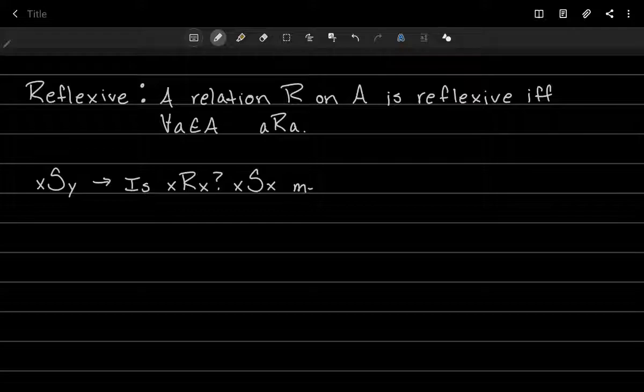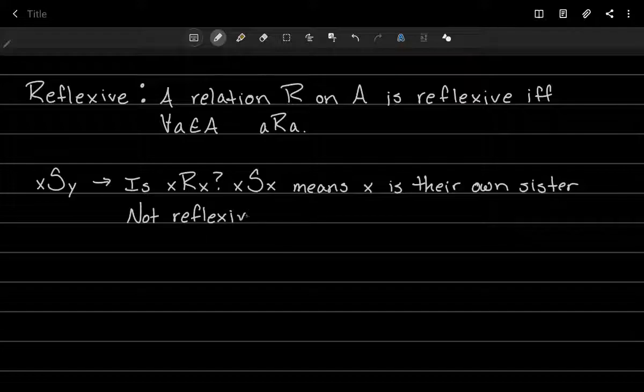That means X is their own sister. Well, that doesn't make sense. You can't be your own sister. It's kind of implied in the word that you're separate people. So that is not true. So we would say S is not reflexive. Same thing goes with the mother example. You're not your own mother. Well, biologically, okay, you could raise yourself, but biologically you're not your own mother, so not reflexive.